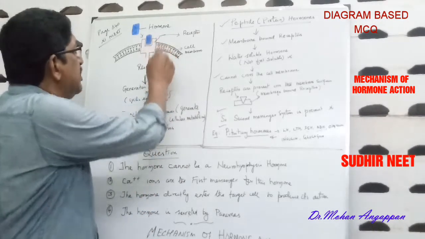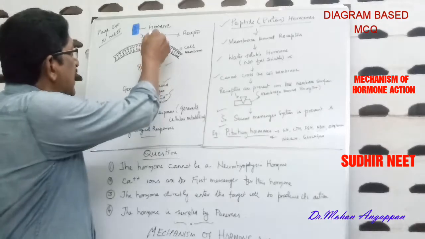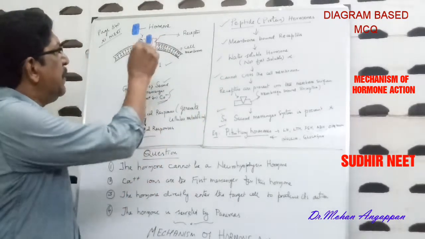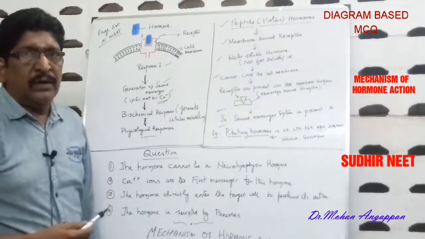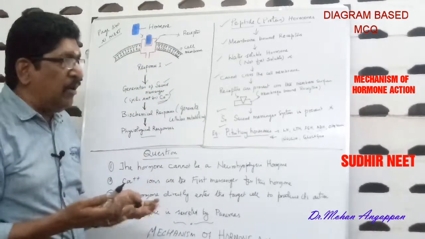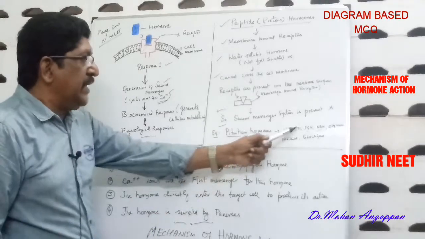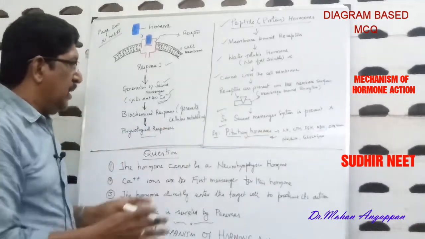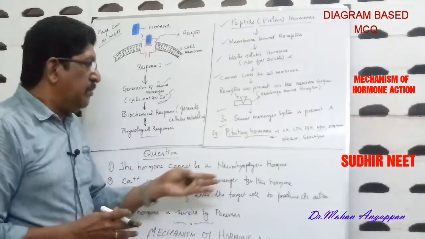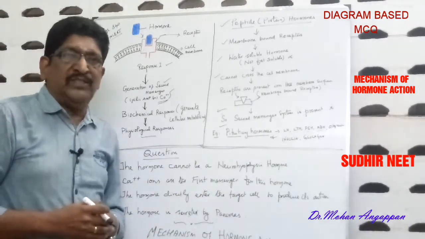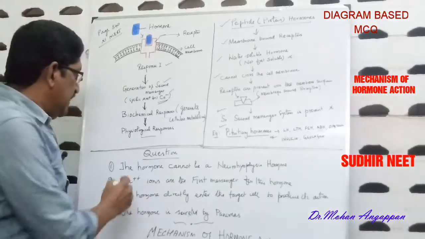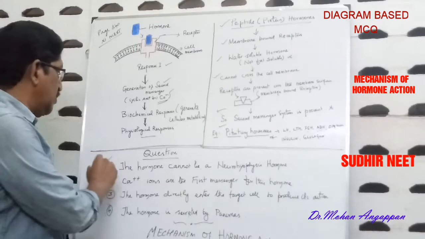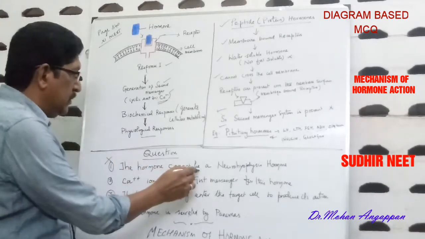This is membrane-bound receptors. They cannot directly enter into the cell. They form a secondary messenger. So it is a peptide hormone. Examples for peptide hormones are LH, LTH and FSH, and ADH and oxytocin are formed by the neurohypophysis of the pituitary. So this hormone can be a neurohypophysis hormone. So the first option is wrong.